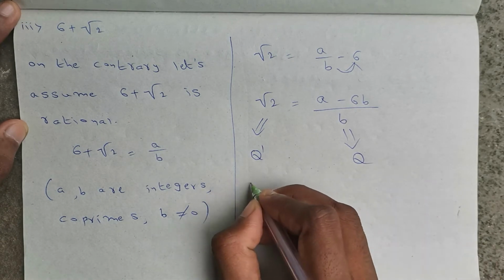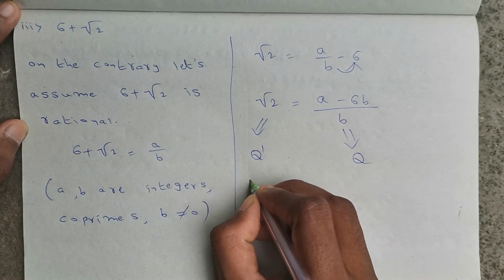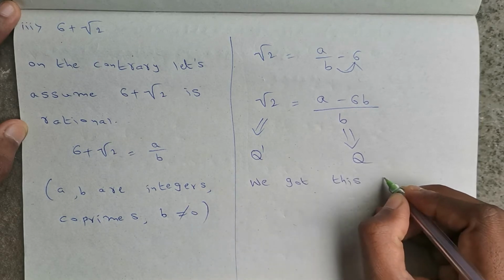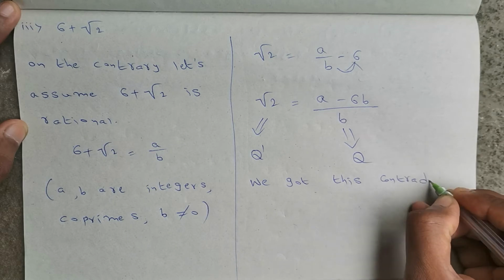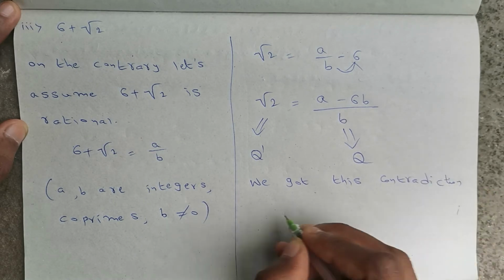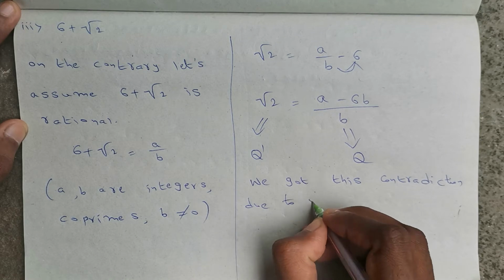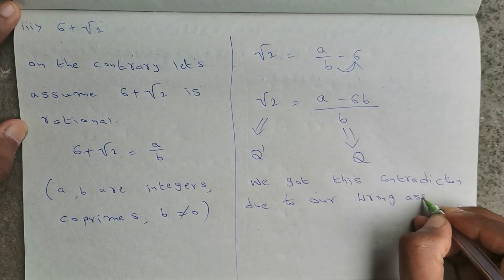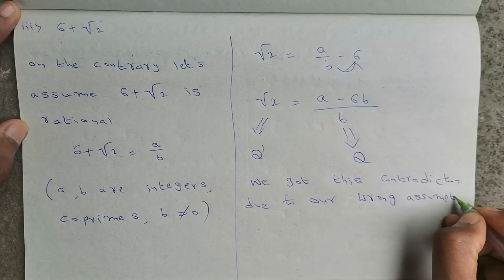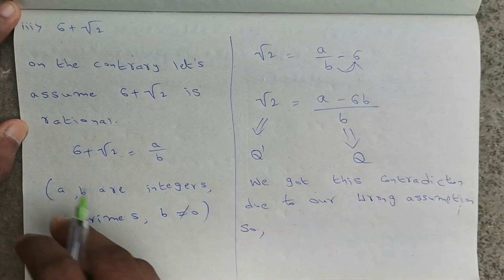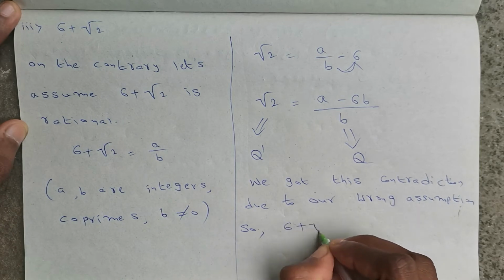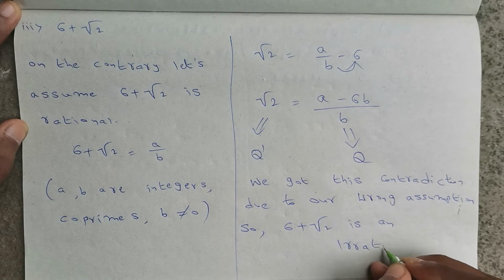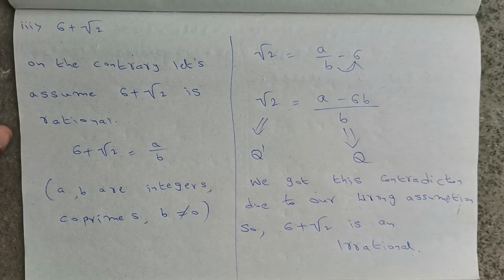So we got this contradiction due to our wrong assumption. So 6 plus root 2 is an irrational number.